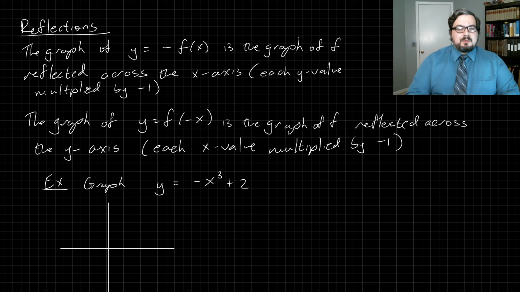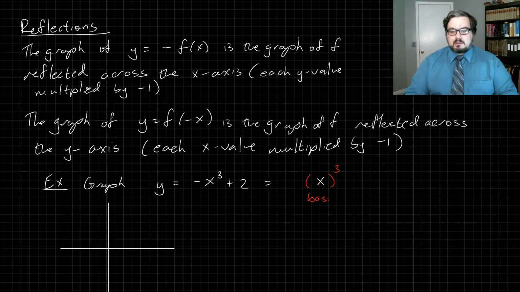What we want to do, again, is identify this as a transformation of a basic function. The basic function that we want to use, I'm going to write in red here. Here the basic function is the cubed function, which we know looks basically like this.